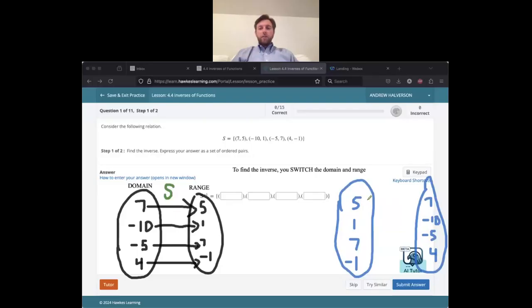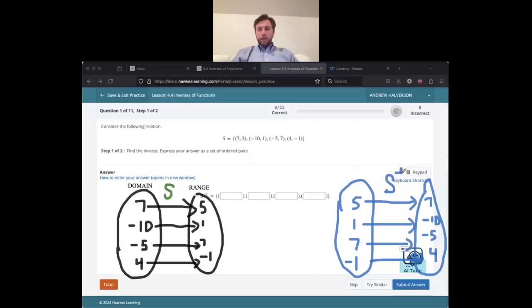Now this time the arrows still point from the domain to the range, okay? But look at the relationship. This is now the domain of the inverse function. So we're going to call this S inverse.